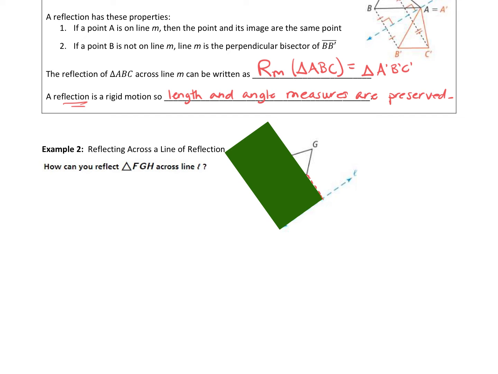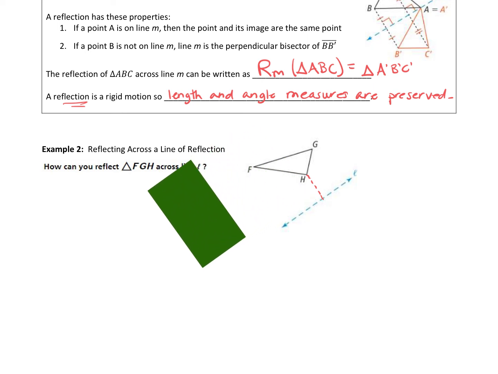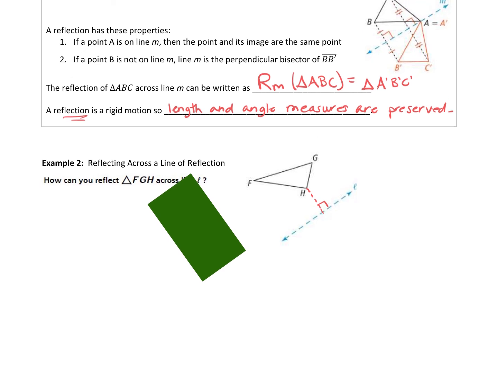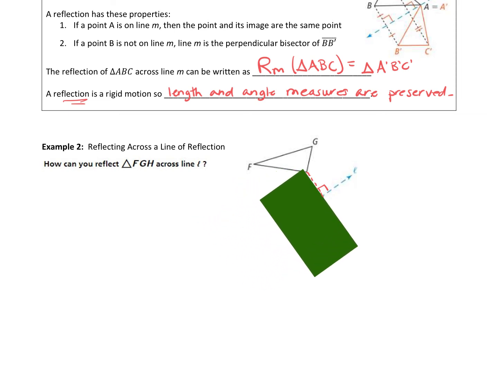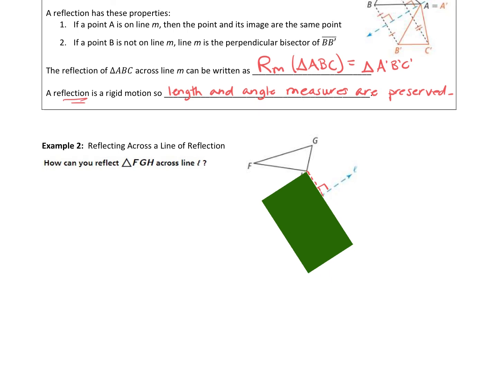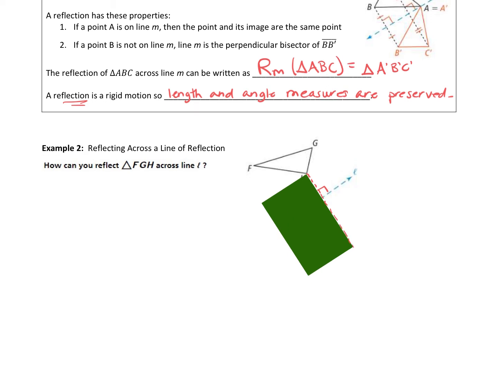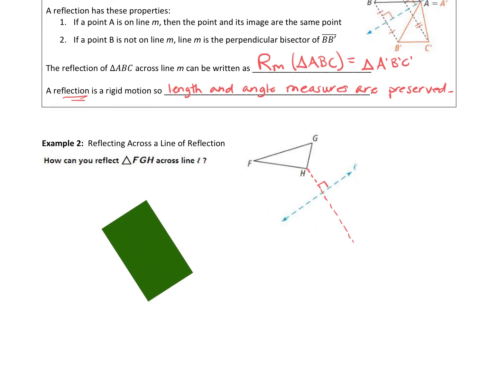What that gives me is the start of a line that is perpendicular to my line of reflection. Then I'm going to line my rectangle up with that line I just drew, and extend that line. Maybe I have to turn my rectangle a little bit. All right, and I'm going to continue to draw along the edge of that rectangle. And there's my first perpendicular line, starting with vertex H.